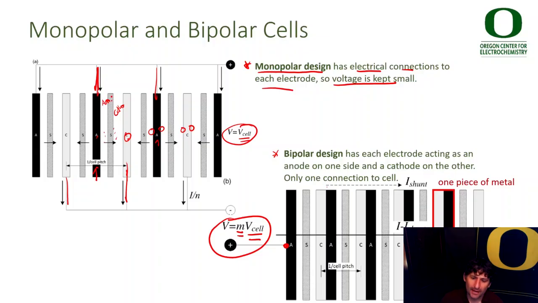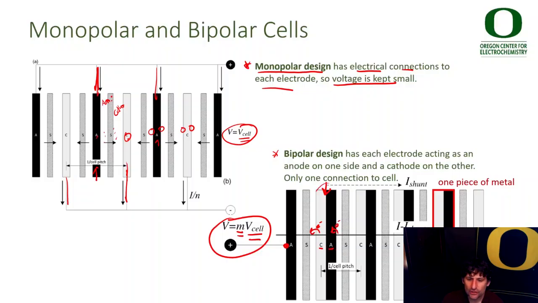Well, in a bipolar design, the cathode and the anode can be on the same metal. So one side of the metal is going to be driving a reduction reaction. So electrons are going to be coming out there. And those electrons are coming from driving an oxidation reaction on the other side of the metal.